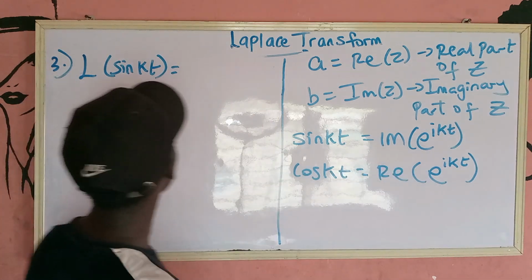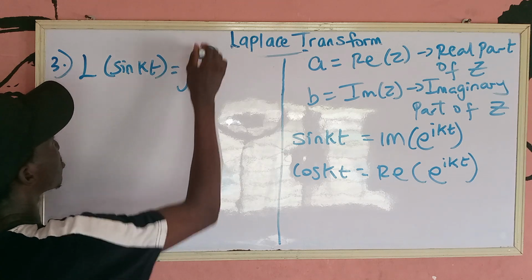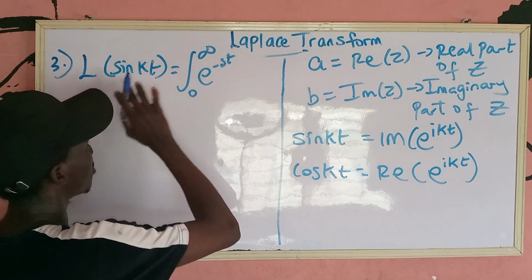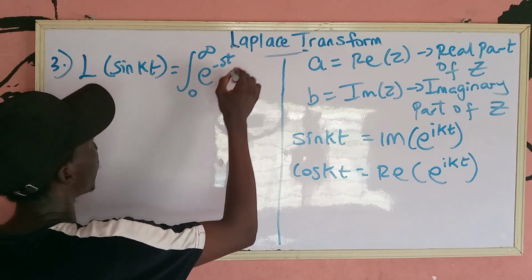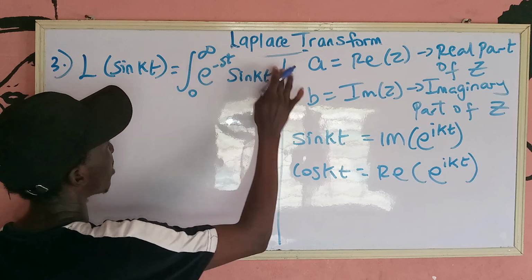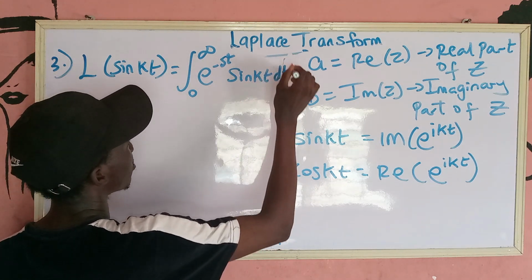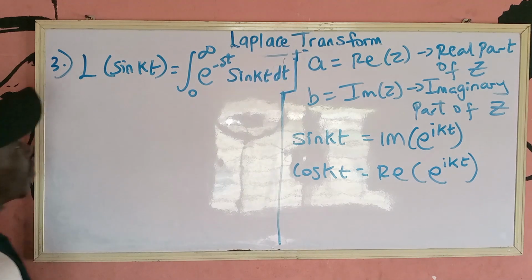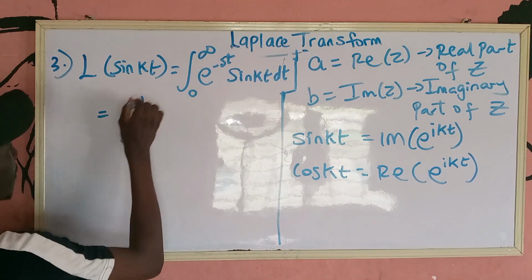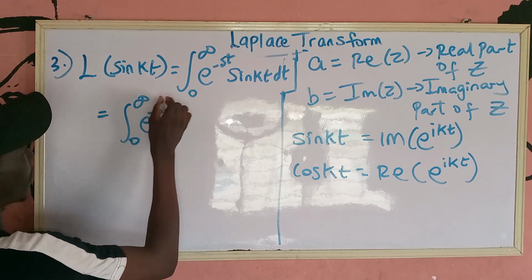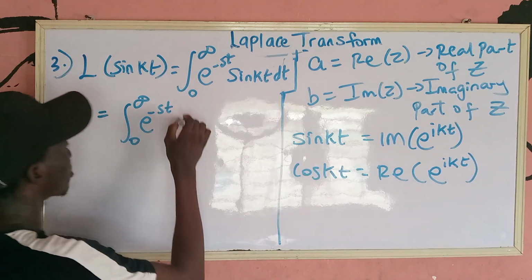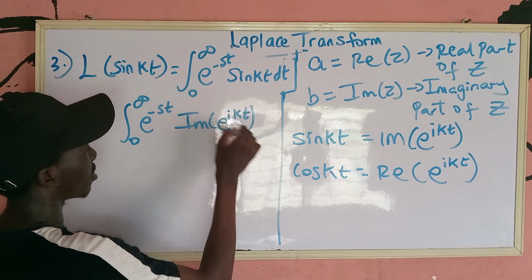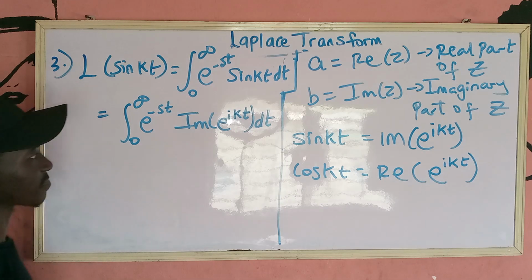Now I'll replace this. First of all, I have the definition of Laplace. So it's e raised to power minus st, the function itself sine kt, and you have dt. But can you replace this by what? By this, the imaginary part of e to the power ikt dt.